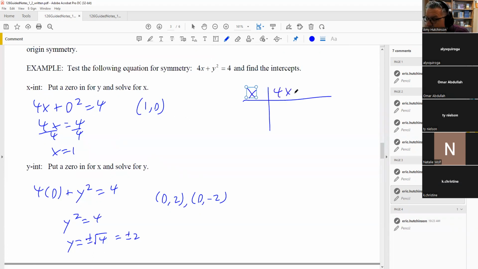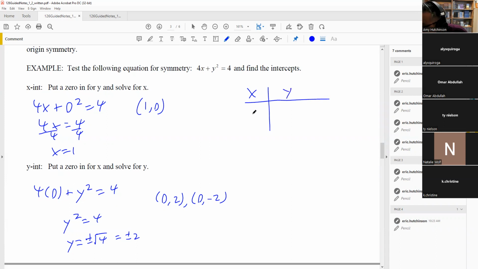For something like this, I would probably solve for one of the variables first. In this case, we'll just make this x and y.